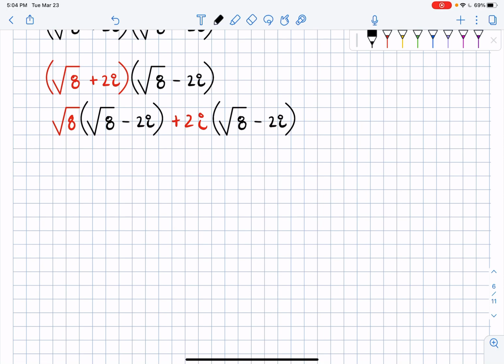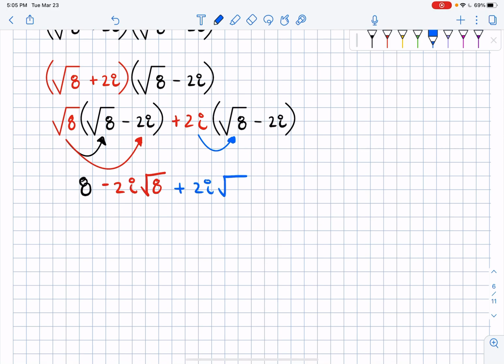So I would draw lines to help you guys. So square root 8 times square root 8 is gonna give you an 8. Square root 8 times negative 2i is going to give you a negative 2i square root of 8. Then 2i times square root 8 is going to give you a positive 2i square root of 8.